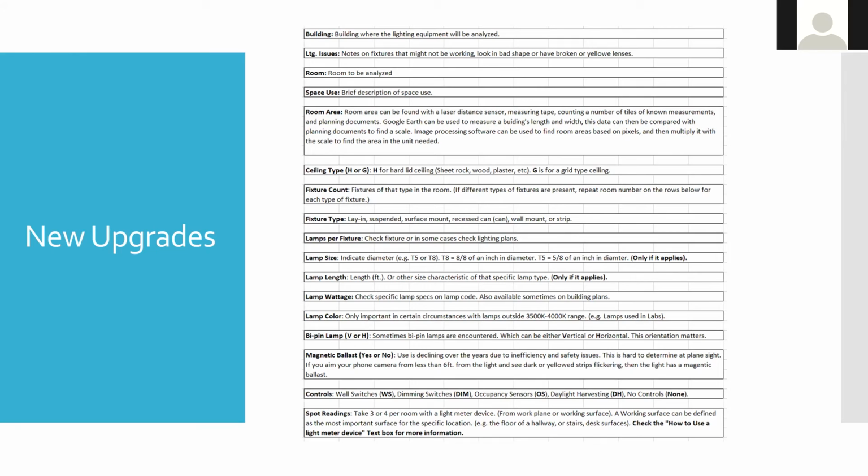I think it's important to clarify that for a room area, you can use a sensor, or you can just measure the area, whatever you want to use for that. But I think it's really useful to use Google Earth, and then you can just find a measurement of the building, and then you can use software. Queen recommended me a good software, which is known as Fiji.